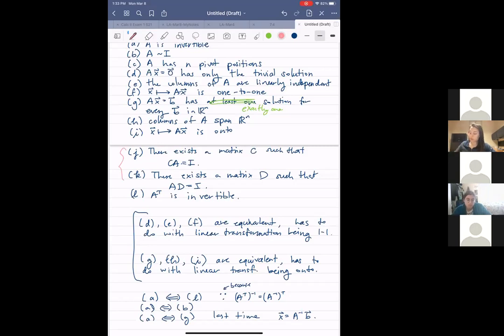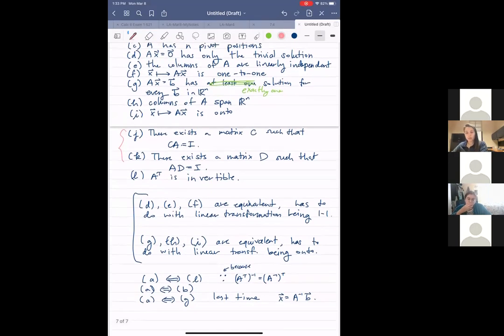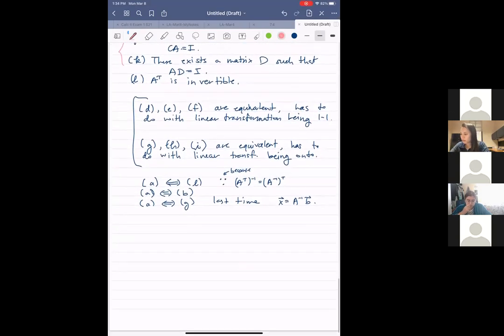It is actually really important that A is square. But if A is square and you find one matrix that you multiply by on the left and get the identity, then you have your inverse already. You don't have to check the other multiplication. So that's useful to know, right? So let me write that down.